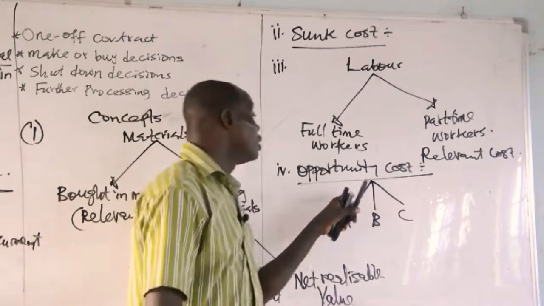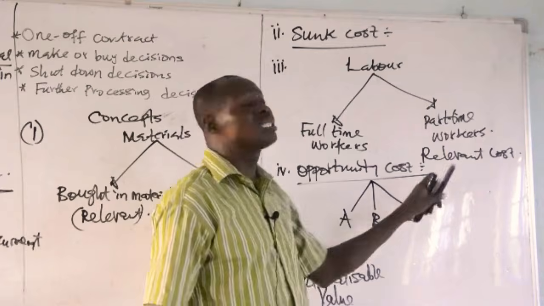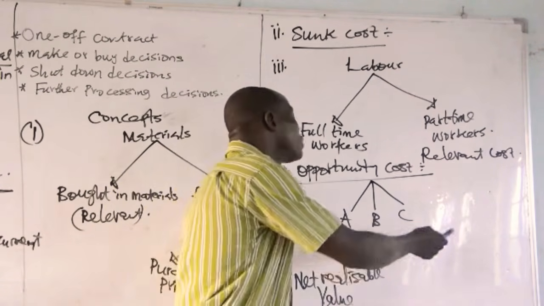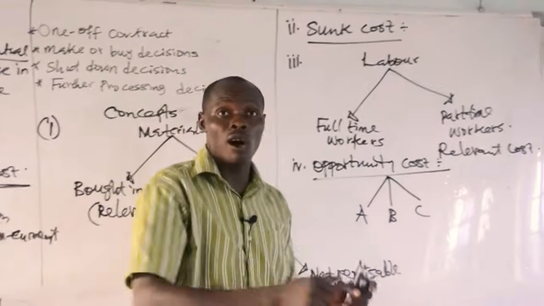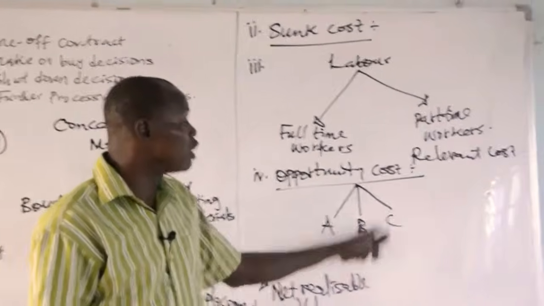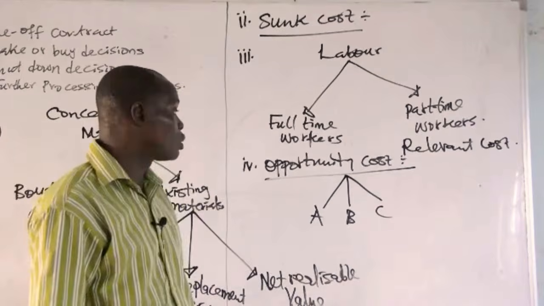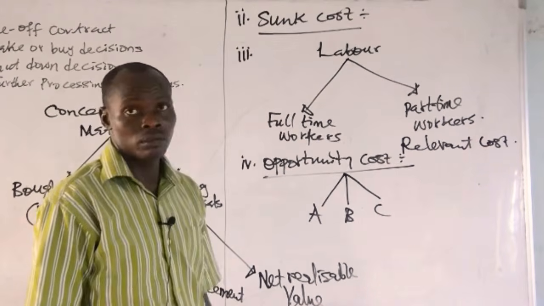Out of these 3 options, you want to consider which one will be more beneficial to you. Which one will you prefer? You want to consider the one that will be most profitable to you out of the 3 options. That is when to apply the concept of opportunity cost.